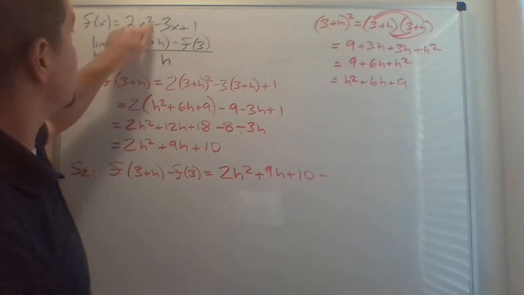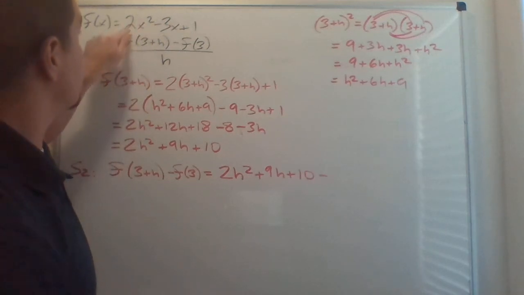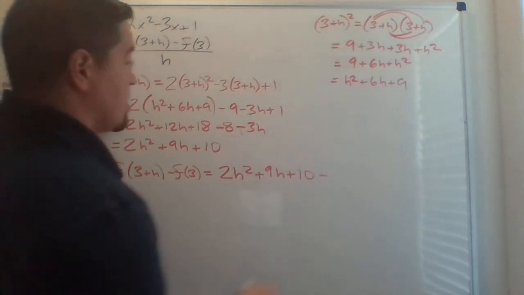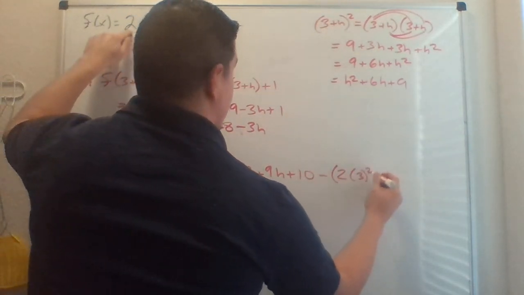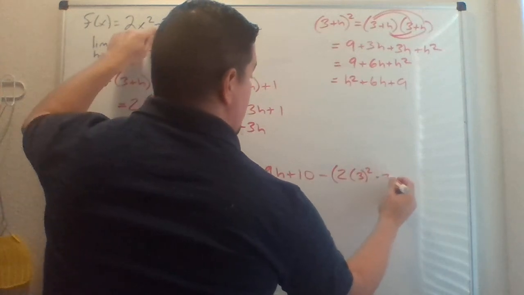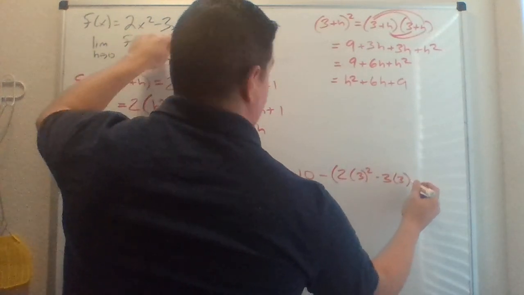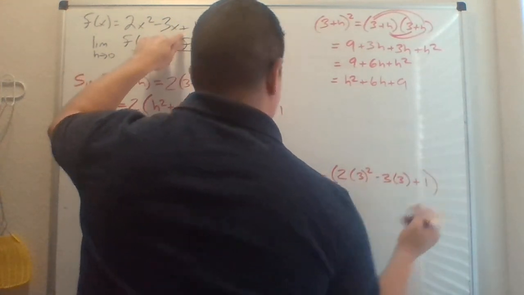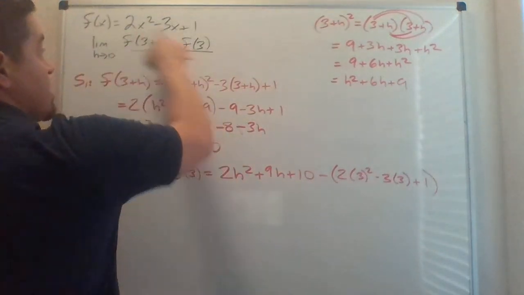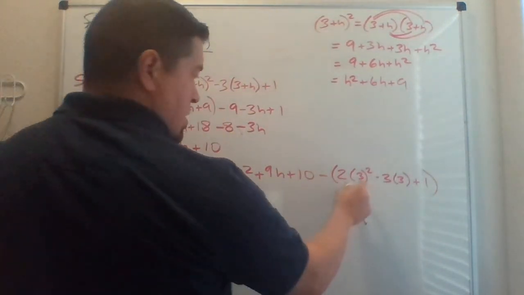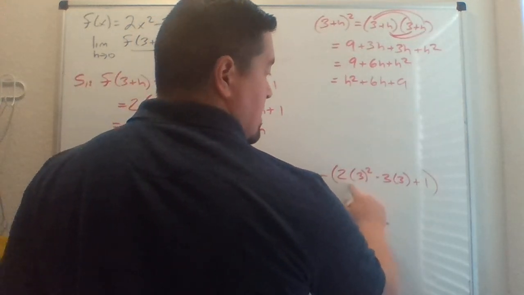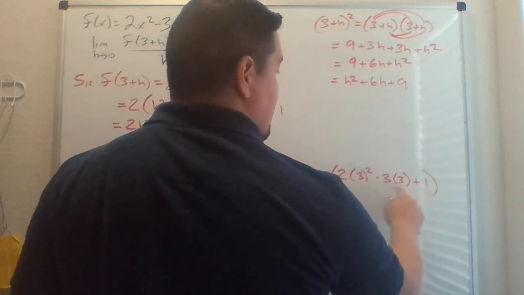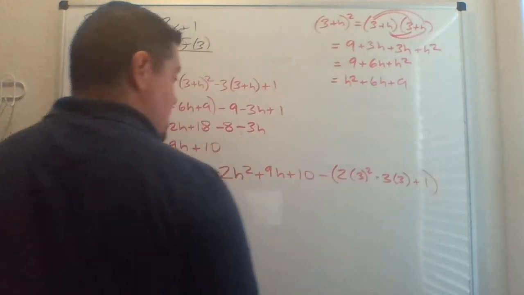So 3 squared is 9. 9 times 2 is 18. Right here, I can write it out. 2 times 3 squared minus 3 times 3 plus 1. Okay, so I plug 3 into here. Which, now I'll do it. That's going to be 9 times 2 is 18, minus 9 is 9, 9 plus 1, this is going to end up being 10.